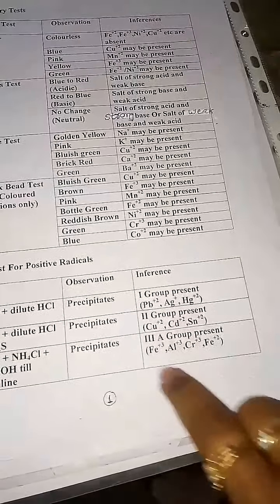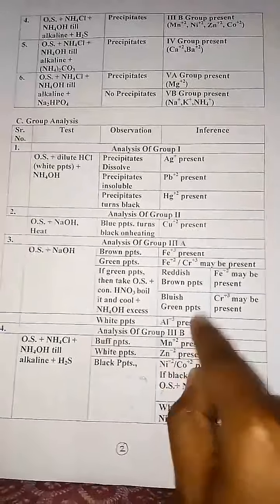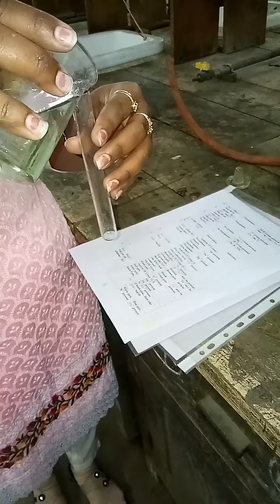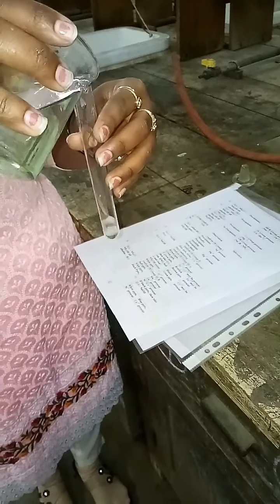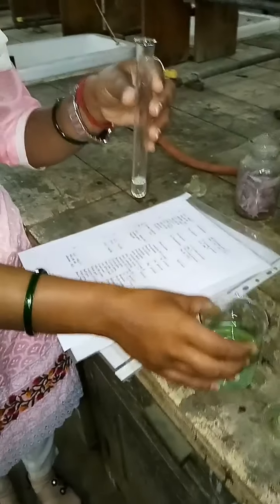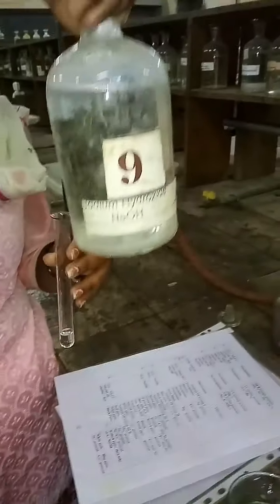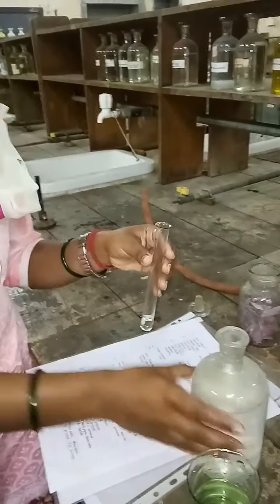So now what we have to do, we have to take a small amount of OS in a test tube and add NaOH and observe what we get. So here we take a small amount of OS, and in that we are adding NaOH, sodium hydroxide.